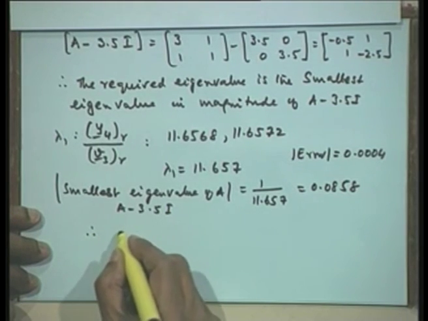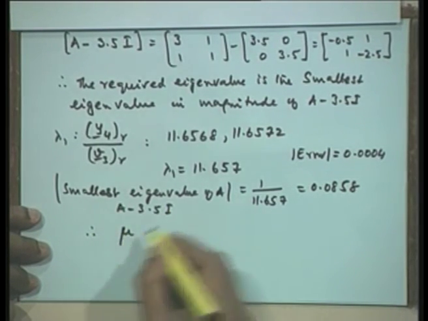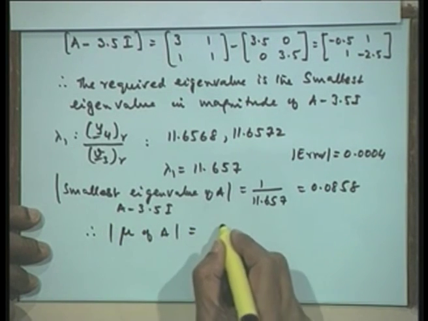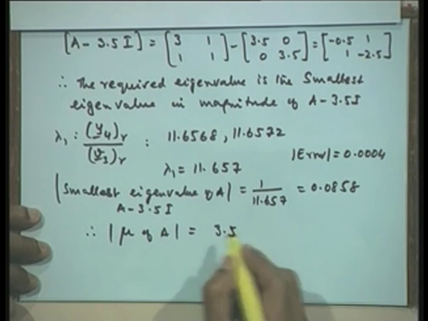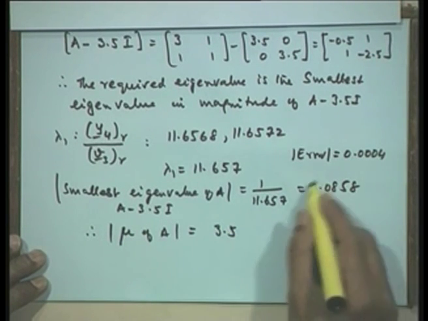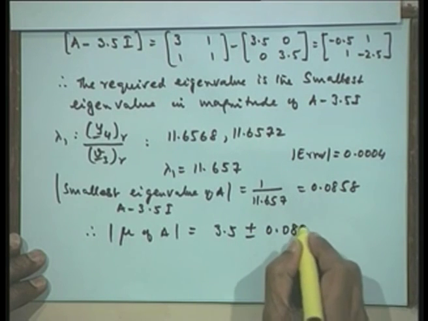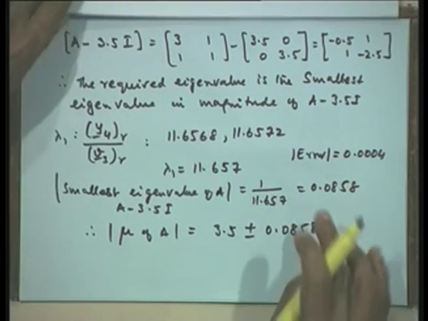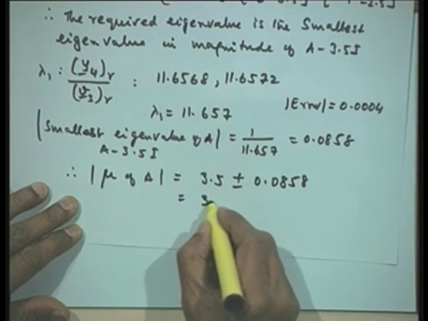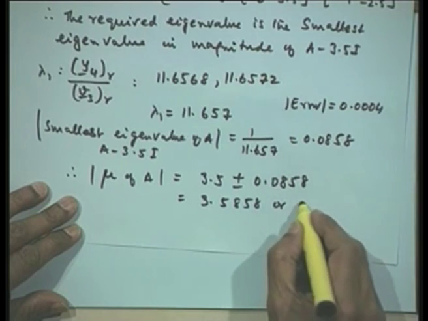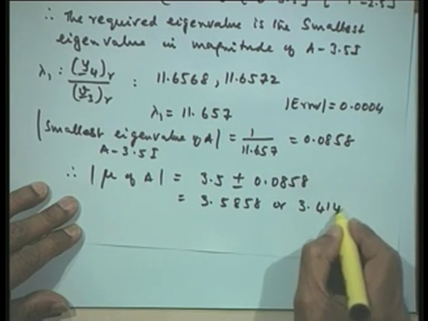Therefore, our required eigenvalue, the smallest eigenvalue of A, will be 3.5, that is the shift, that is k, plus or minus 0.0858. We do not know the sign, so we will make it 0.0858. Either it is 3.5858 or if I subtract this, 3.4142.